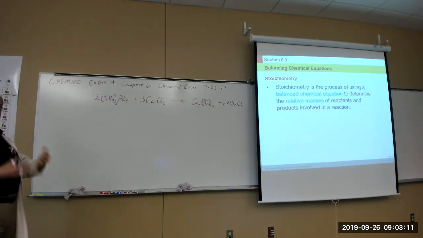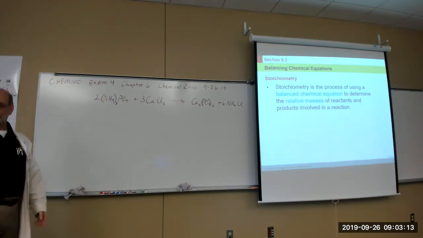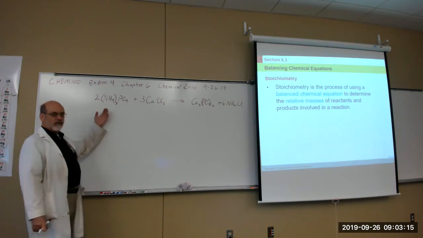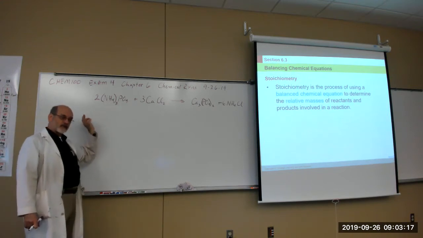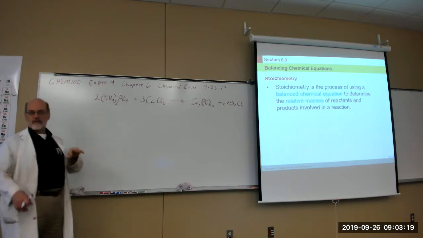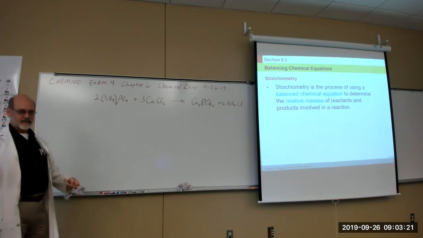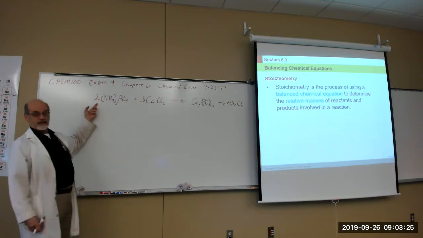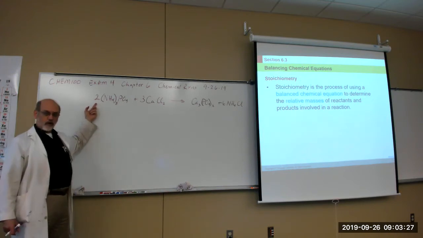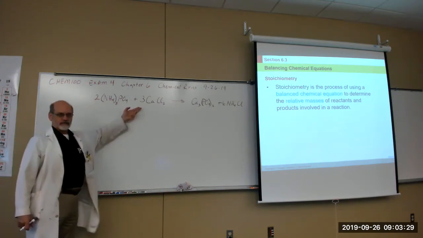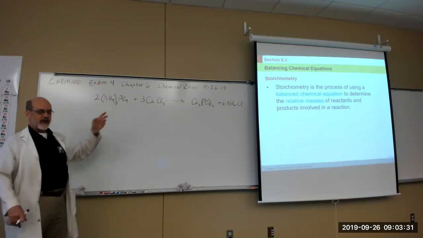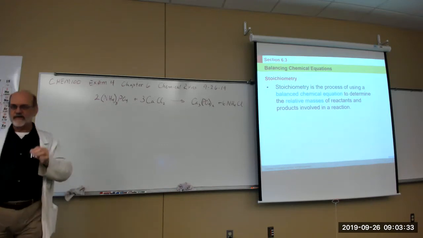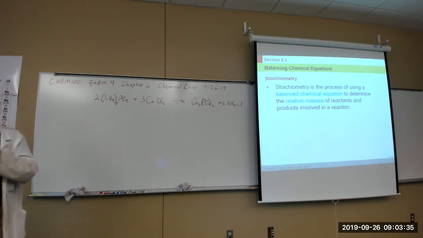We're just using a different unit of measure. Instead of individual molecules, we're using a large number of molecules, 6.022 times 10 to the 23rd of them. In this case, twice that number. 2 moles, 3 moles. So the ratio is established in terms of numbers of atoms, molecules.